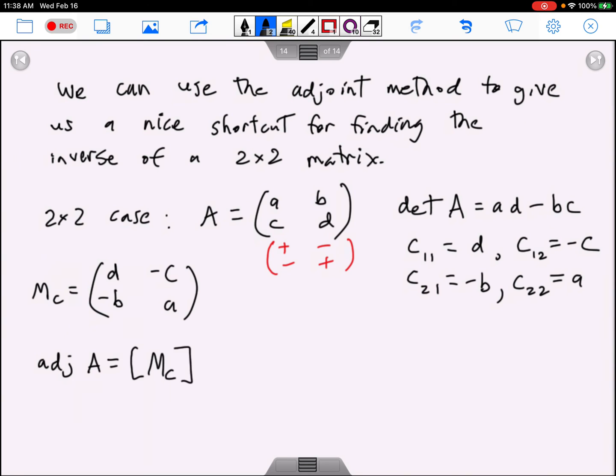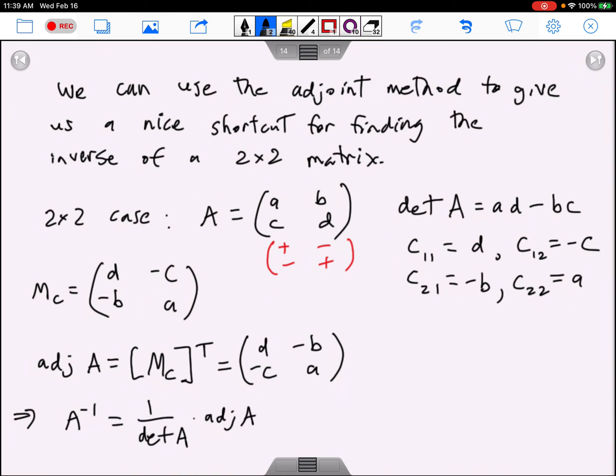Remember, our adjoint is going to be that guy transpose, which is just D, negative B, negative C, A. And this means that A inverse, remember, A inverse is 1 over the determinant of A times the adjoint of A, which is going to be 1 over AD minus BC times D, negative B, negative C, A.